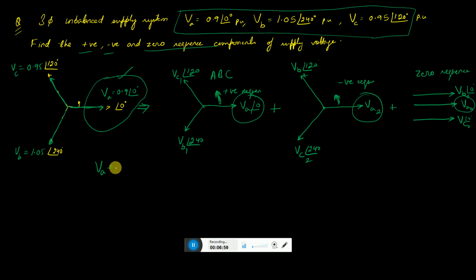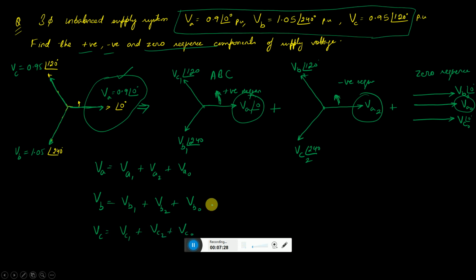So then I can write VA is equal to VA1 plus VA2 plus VA0. Similarly, we can write VB is equal to VB1 plus VB2 plus VB0. And VC is equal to VC1 plus VC2 and VC0.